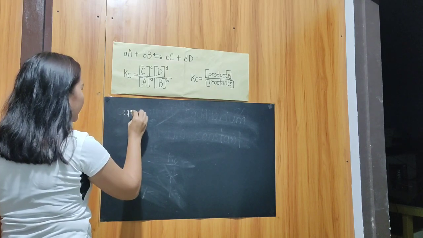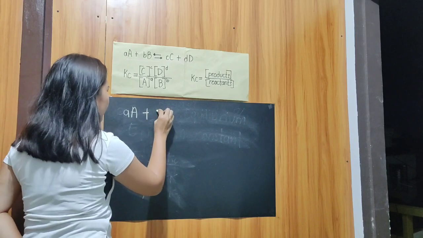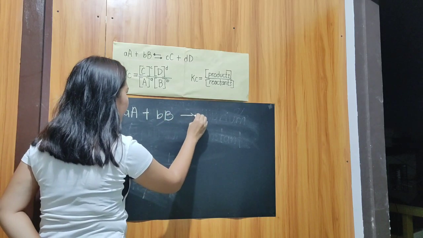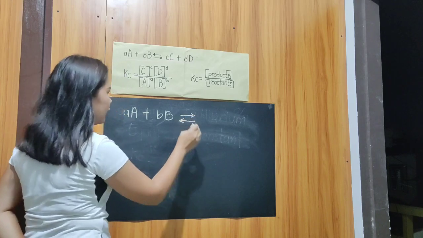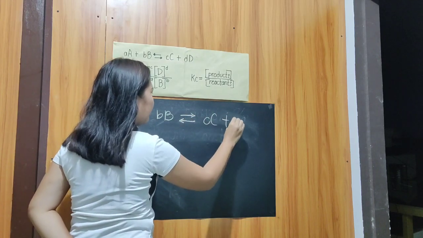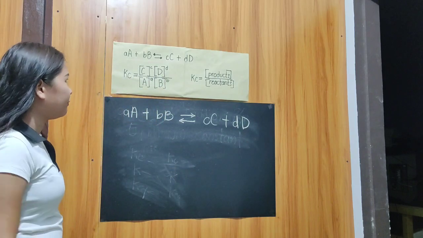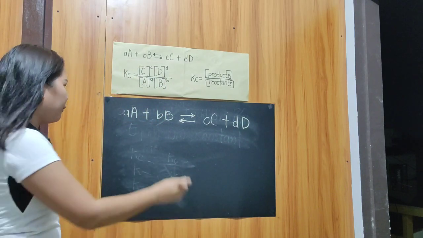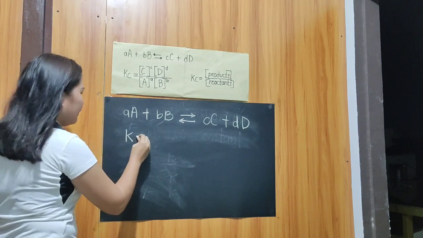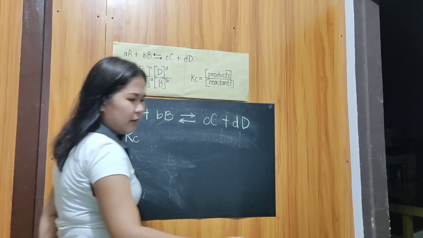So this is lowercase a, uppercase A, plus lowercase b, uppercase B, forward and reverse reaction to lowercase c, uppercase C, plus lowercase d, uppercase D. And then we will be having the Kc, meaning the equilibrium constant.